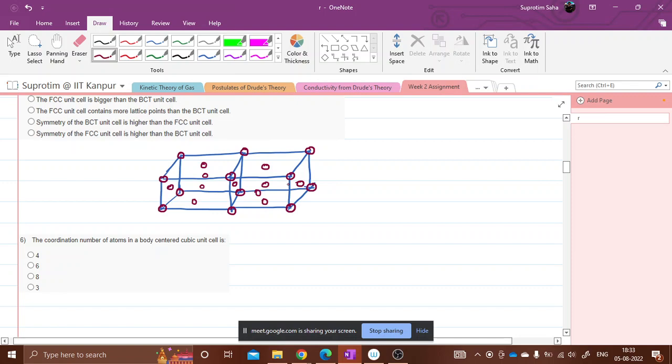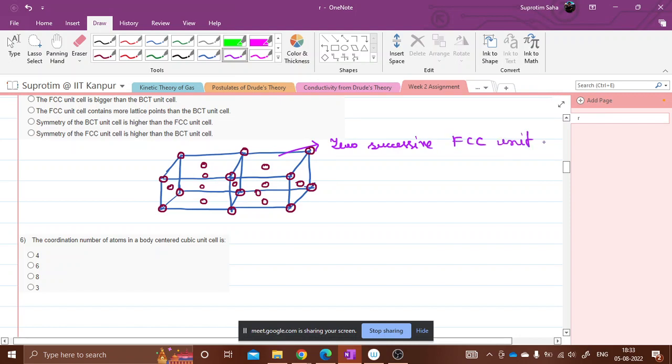So basically these are two successive face-centered cubic, FCC, unit cells.